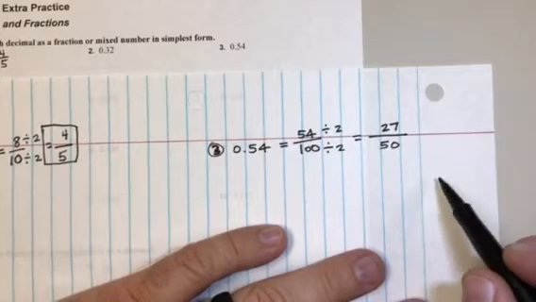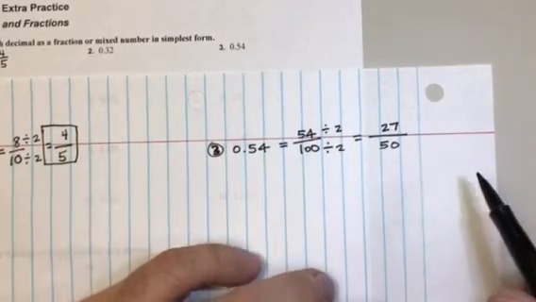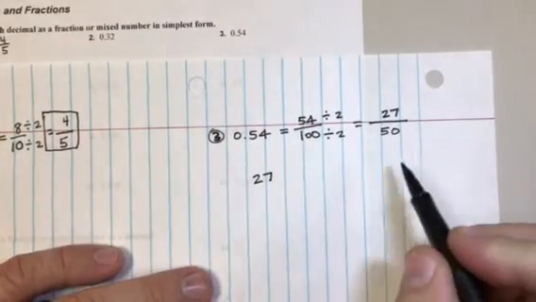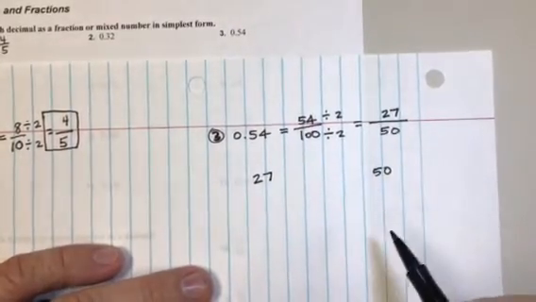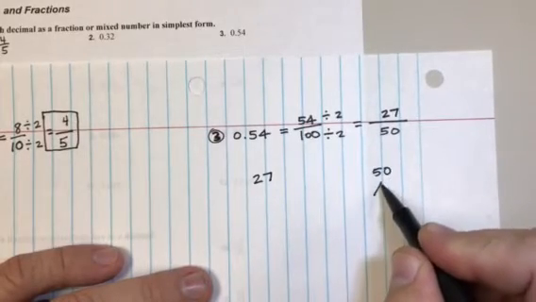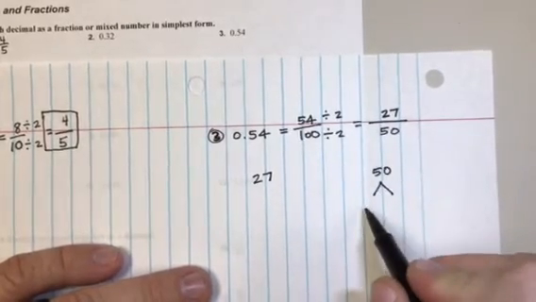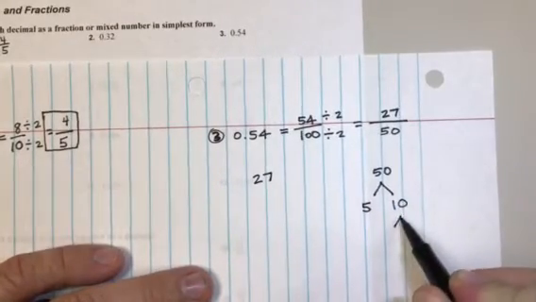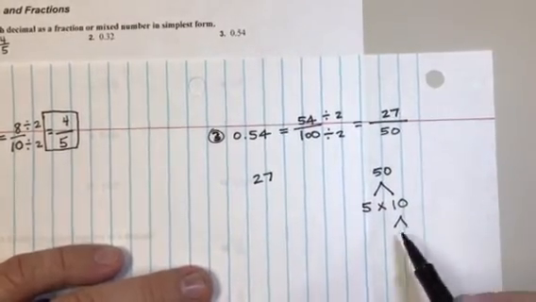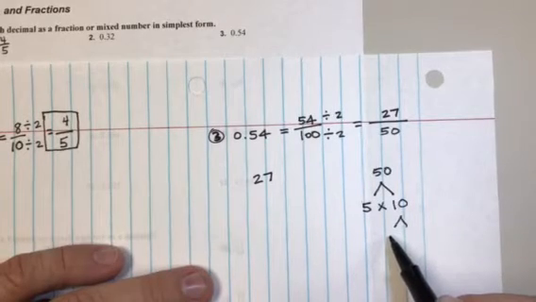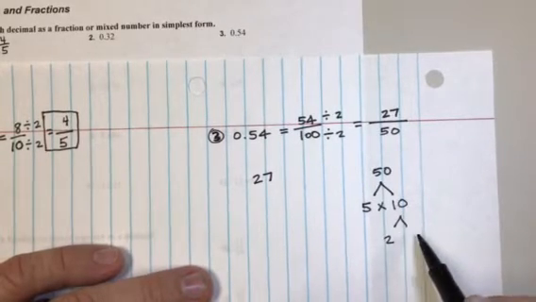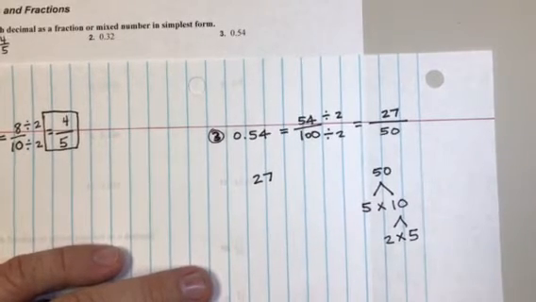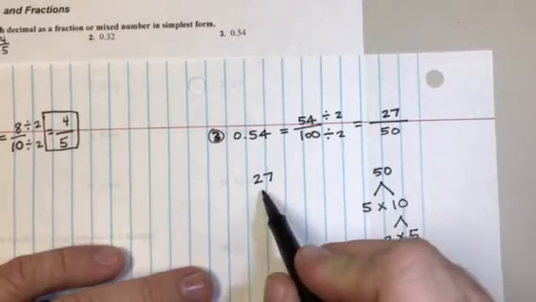At this point, I would probably ask them to make a factor tree of the numbers. So we would take 27, and we would take 50, and we would start to factor them into factors. So I've got 5 and 10, or 5 times 10. I've got 2 and 5, and then I can't take that down any farther for 27.